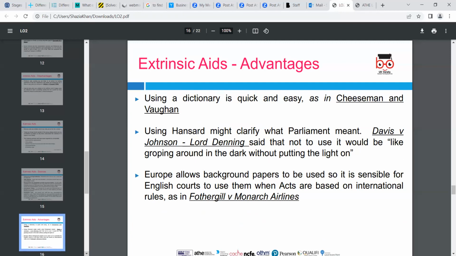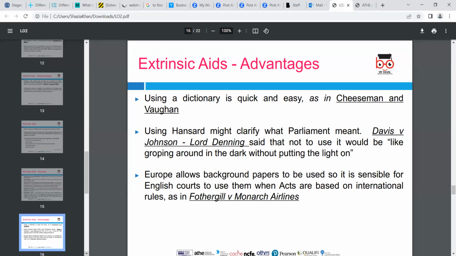Extrinsic aids advantages. Using a dictionary is quick and easy, as in the case of Cheeseman v Waghorn. Using Hansard might clarify that Parliament meant what Parliament meant.